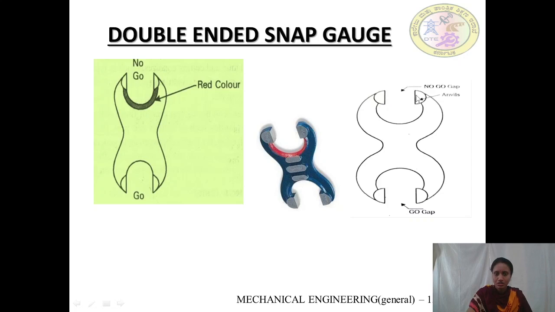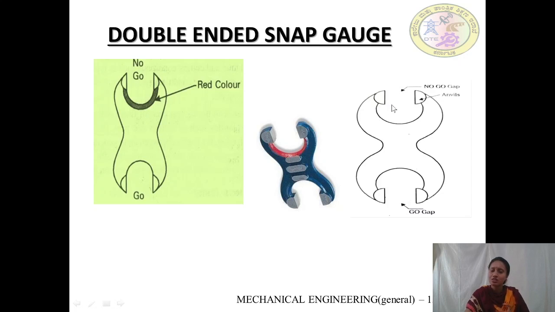Don't confuse it with the double-ended plug gauge. This is quite opposite to the double-ended snap gauge. When you manufacture the shaft within the specified tolerance limits, the go gap should go inside the shaft, and the no-go should not go inside.